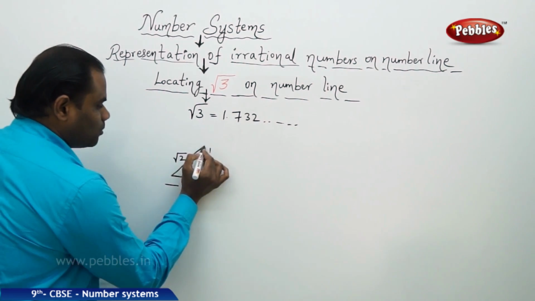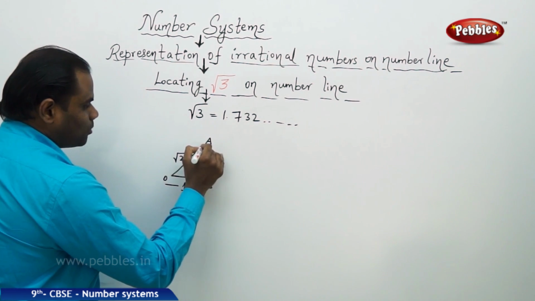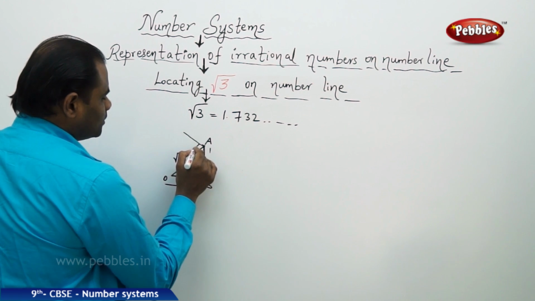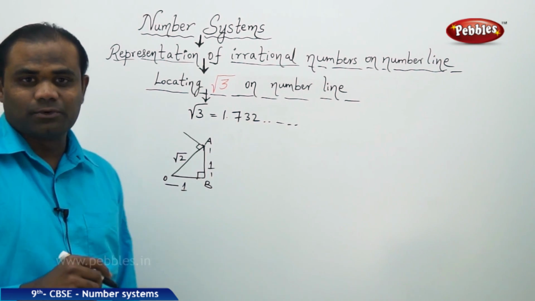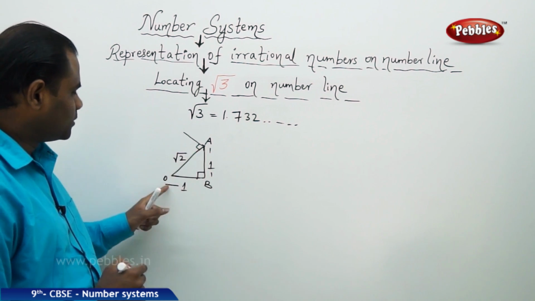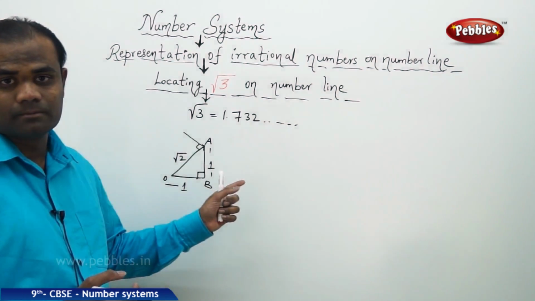Imagine I take the triangle OAB, and I take the point A and construct a line perpendicular to OA and passing through A. That is, I draw a line through A perpendicular to the side OA of the triangle OAB.